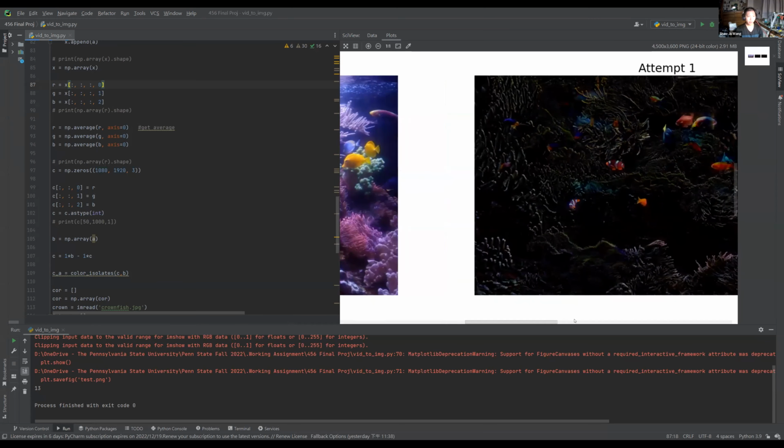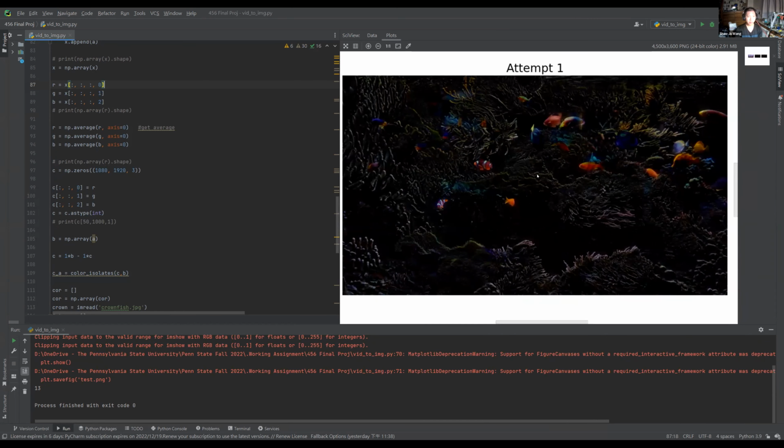And this is what we get. So you can see that we can clearly see the fish around. However, there's a lot of detail about the corals that's really hard to separate out from the fish alone. So now let's get into the AlexNet implementation in our project.